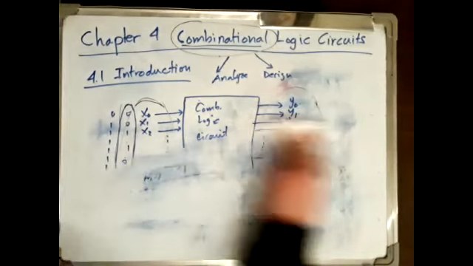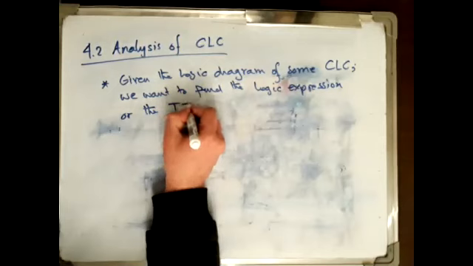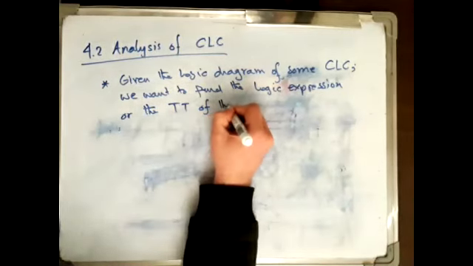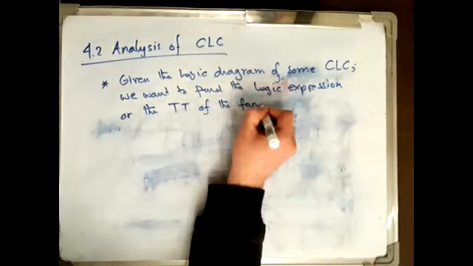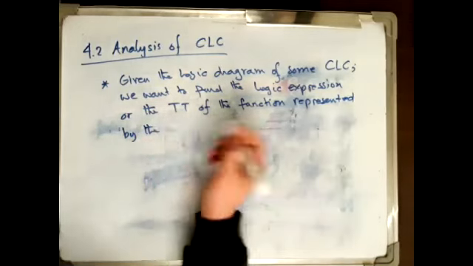Given the logic diagram of some combinational logic circuit, we want to find the logic expression or the truth table of the function represented by the circuit or implemented by the circuit.